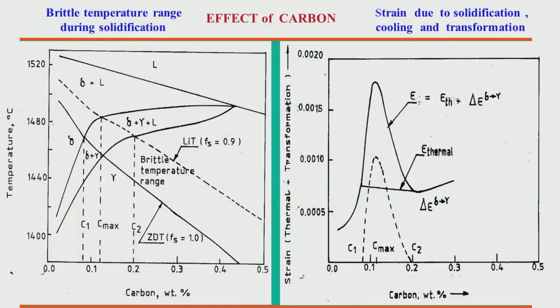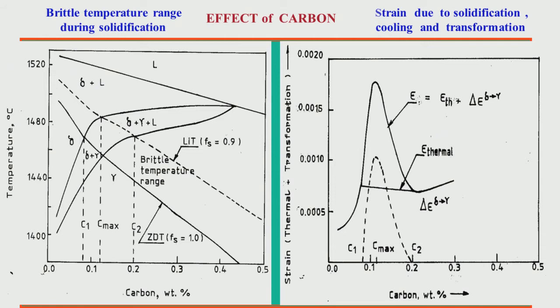Now, let us look at the effect of carbon in normal low alloy steels. I have talked about the brittle temperature range during solidification, which is towards the final stage of solidification, between solid fraction of 0.9 and solid fraction 1, between LIT and ZDT. Now let us see how it changes with carbon.